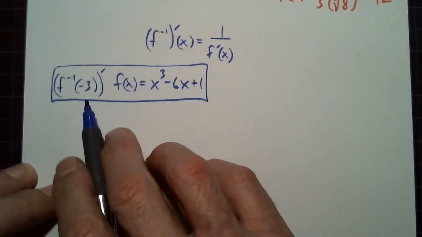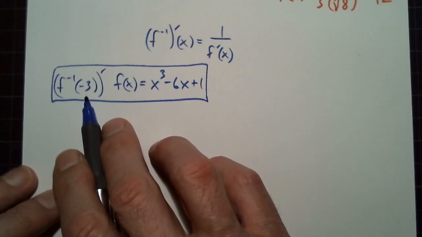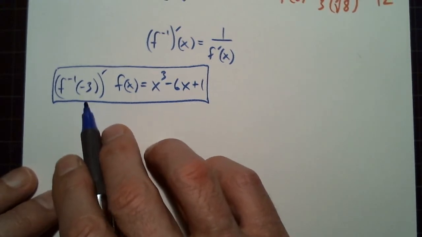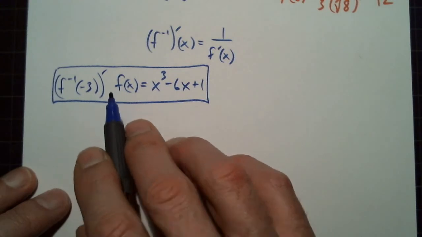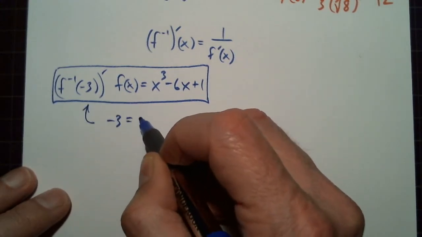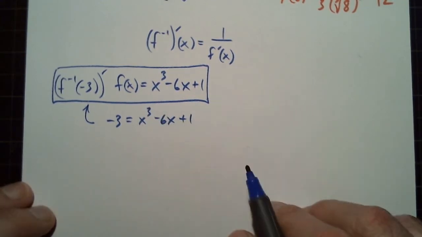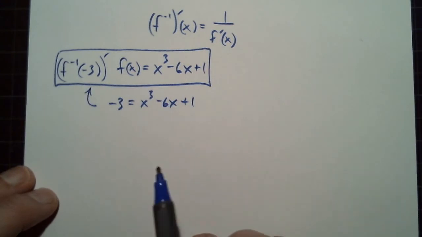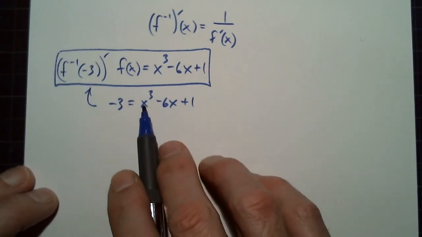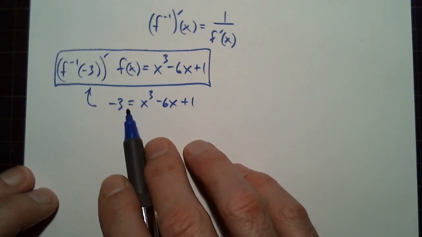All right, so let's find the derivative of the inverse of f at -3. We know that this is the y value of the function. So we know that we have -3 equals x cubed minus 6x plus 1. Usually with questions like this, you could just guess and check. This is not going to be that challenging.